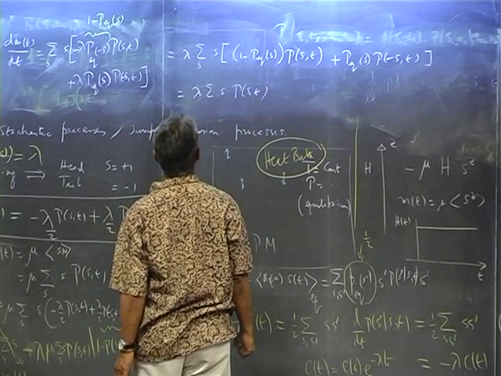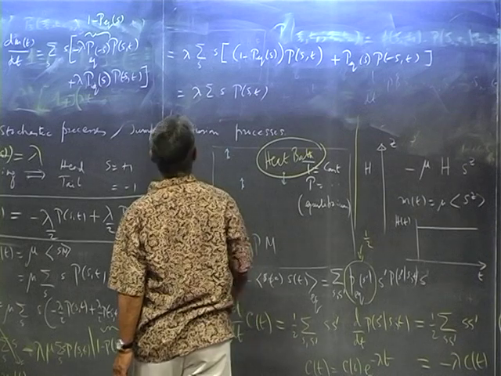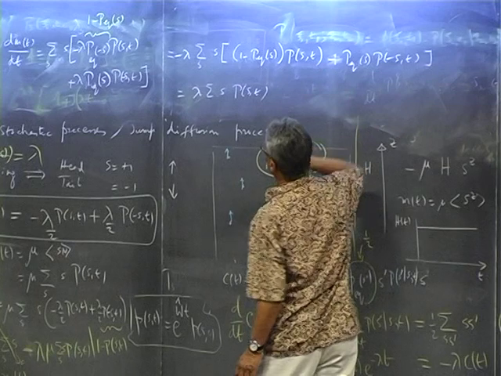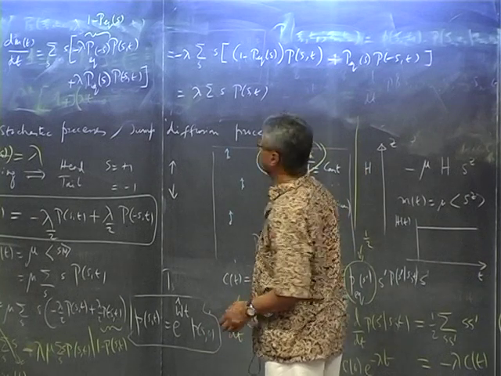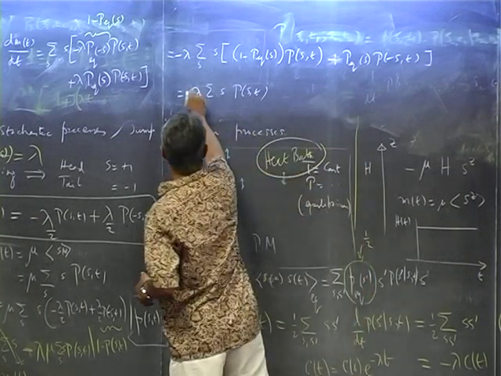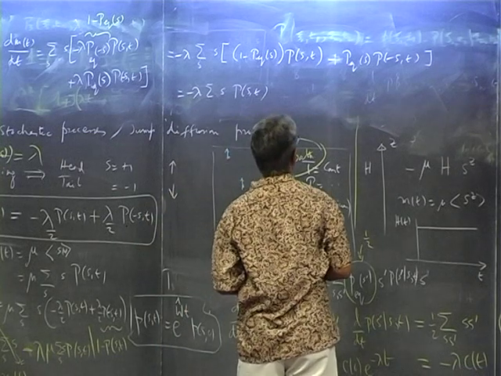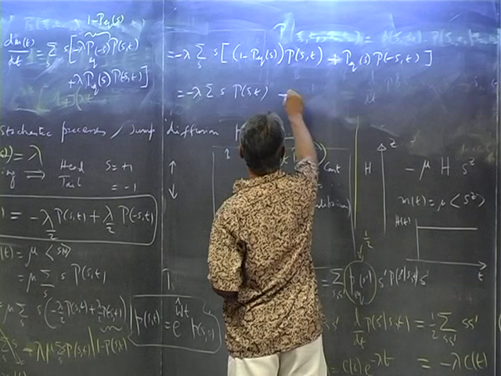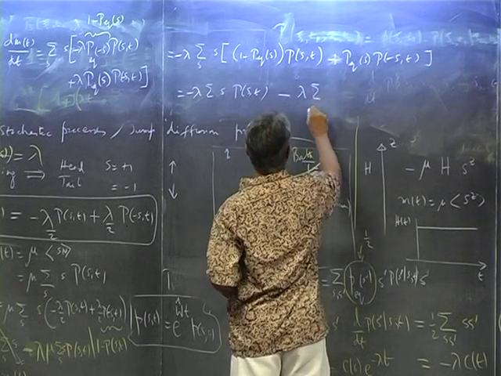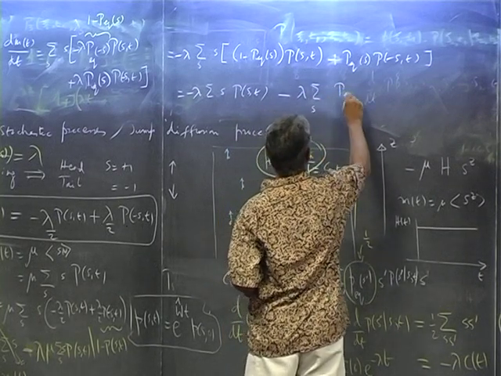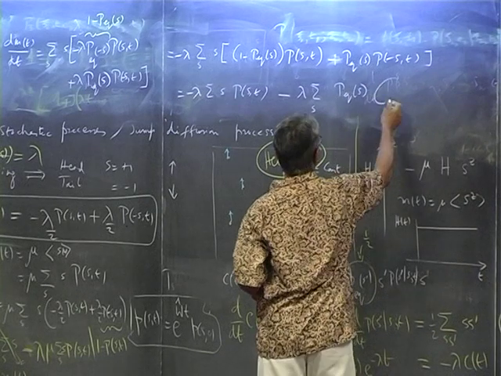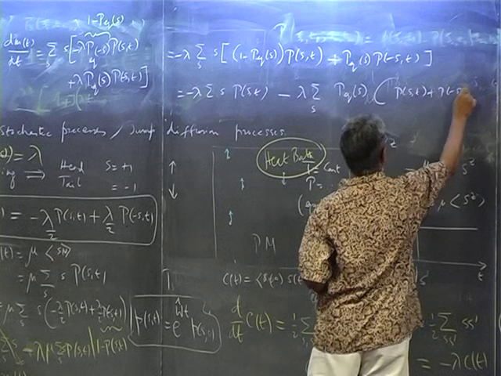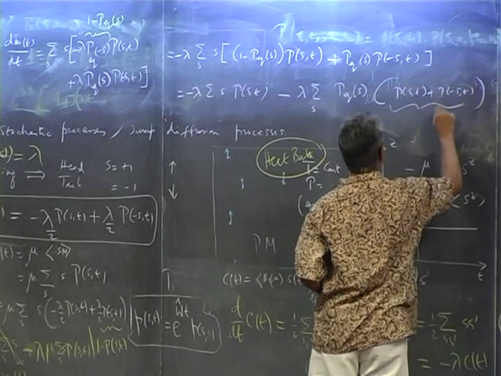I have a negative sign. This is negative, and so this is a negative sign. Right, Abhishek? Yeah. So this is a negative sign. And the rest is minus lambda summation S, P equilibrium of S, P S comma T plus P minus S comma T, and that's equal to 1 as well.